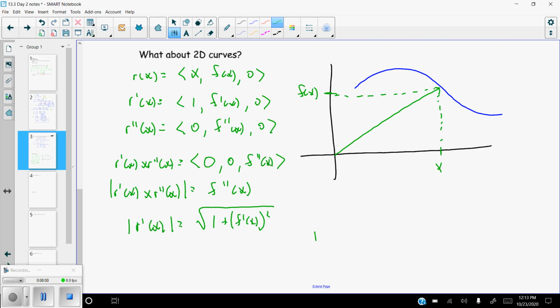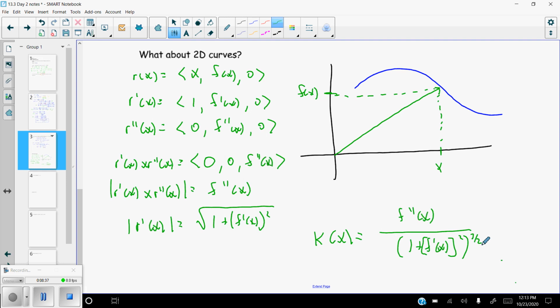So our curvature is going to be f double prime of x divided by the square root of 1 plus f prime of x squared, but I can write that as 1 plus f prime of x squared. Now the square root, remember I have to cube it, so that really means that whole thing is to the 3/2 power, since I am cubing that square root.